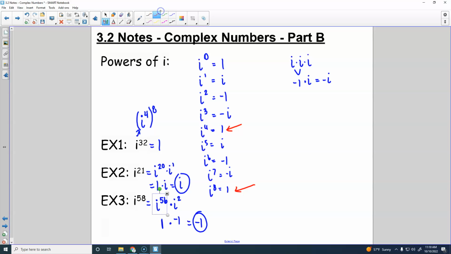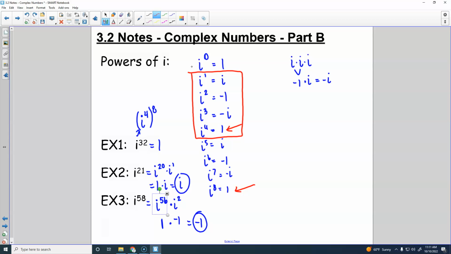So if you know these first ones here, really the best ones to know are these first 4: i to the 1st, 2nd, 3rd, and 4th. If you know those 4, you can always break the rest of these down into a version of that, right?